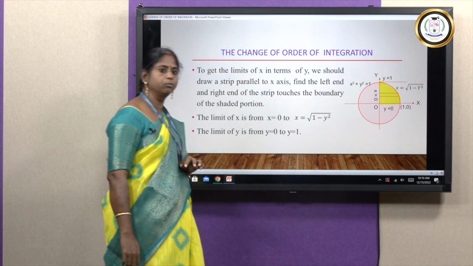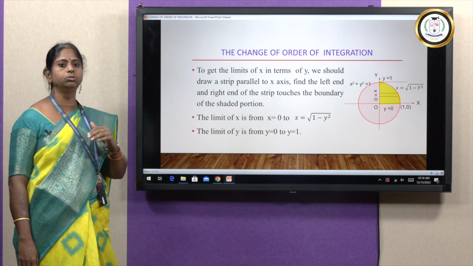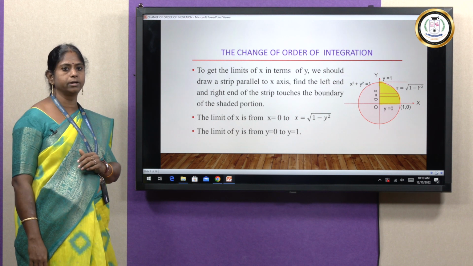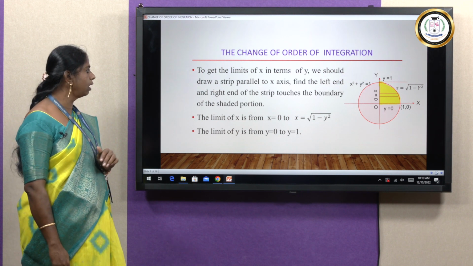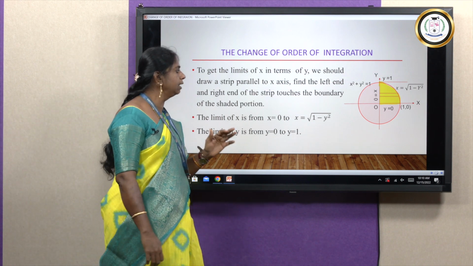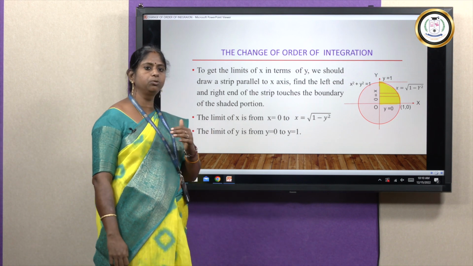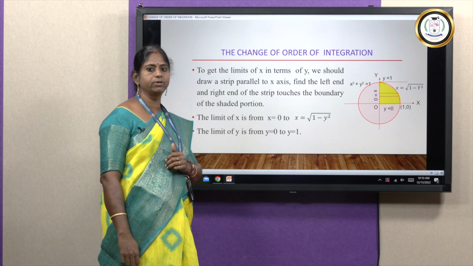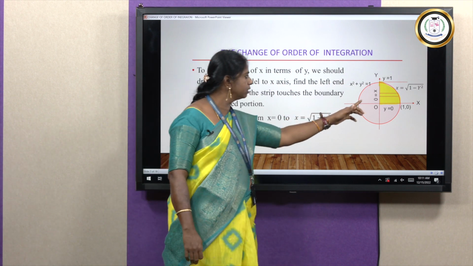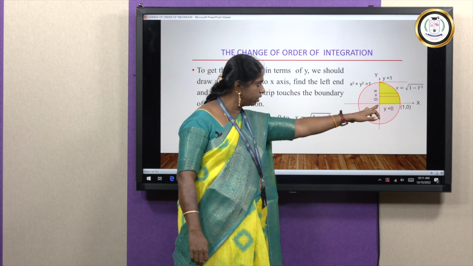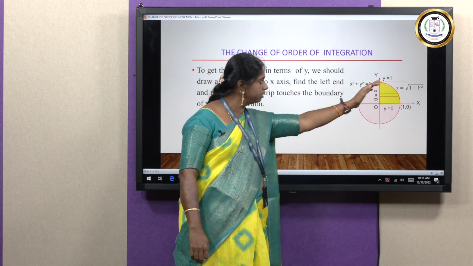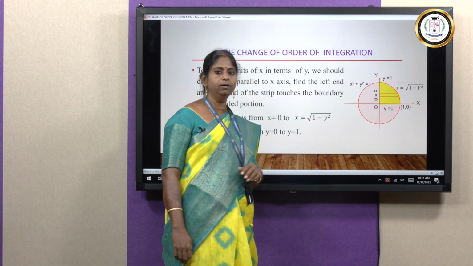Okay, so now what am I going to do? I want to change the order. For that, what you have to do is draw a strip parallel to the x axis, because I am going to find the limit for the x variable. Actually the strip starts from the origin and slowly moves and touches all the portion of the region.